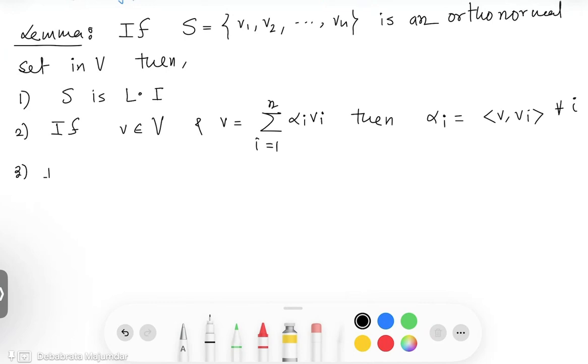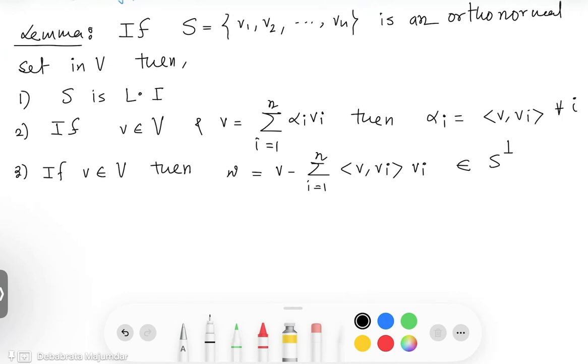Third, if v belongs to V, then w is equal to v minus the summation of inner product of v and vi times vi, belongs to S bar.